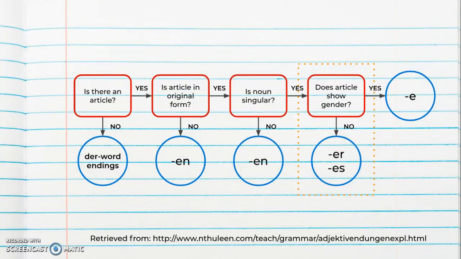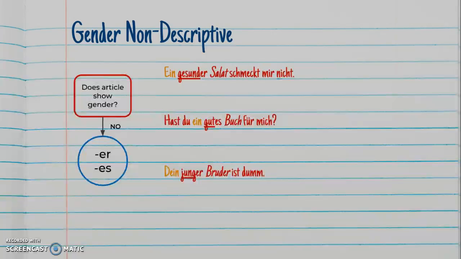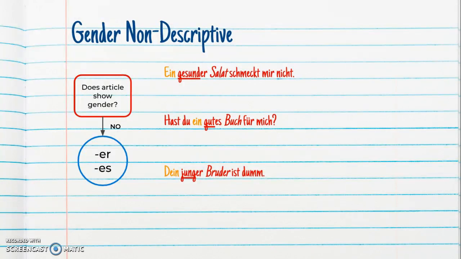Okay, so on our fourth and final question, again, keeping in mind that we've already said yes to, is there an article, is it in the original form, and is the noun singular? We're asking now, does it show the gender? And we're going to first answer that with no. So these are called gender non-descriptive forms because they don't describe gender.